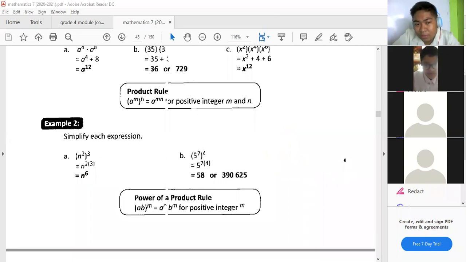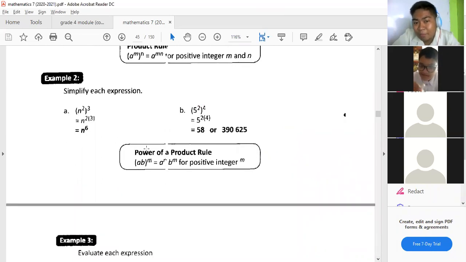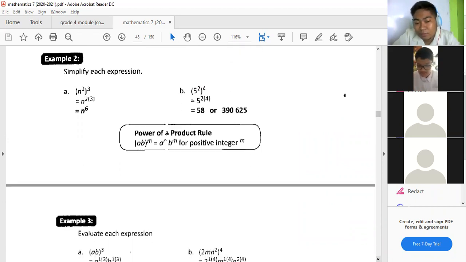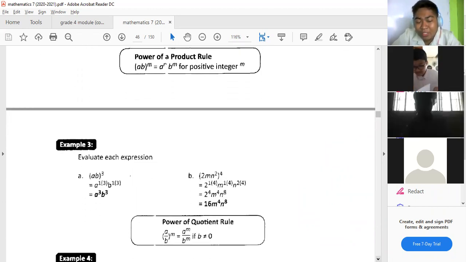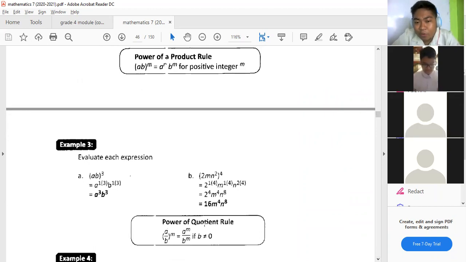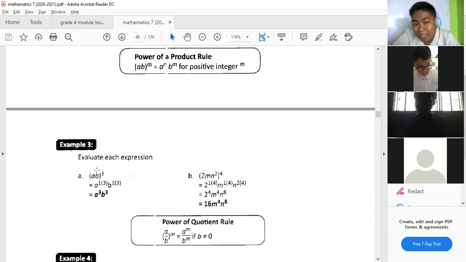Okay. Ayan, so Example. That is a power of a product rule. Understandable. Meron naman itong power of quotient. Ay, wait lang. Ito muna pala. So, kapag meron kang dalawang variable or meron kang kasamang number, ang gagawin mo dyan is to distribute the exponent.